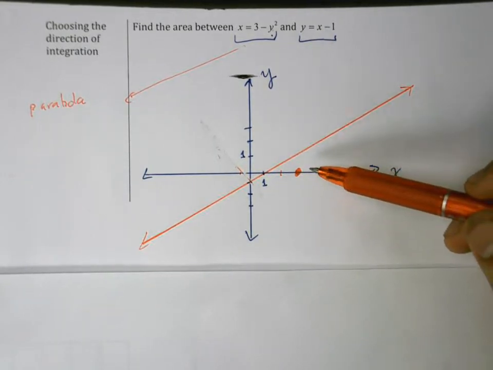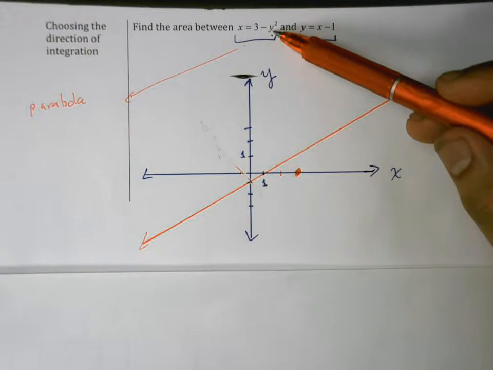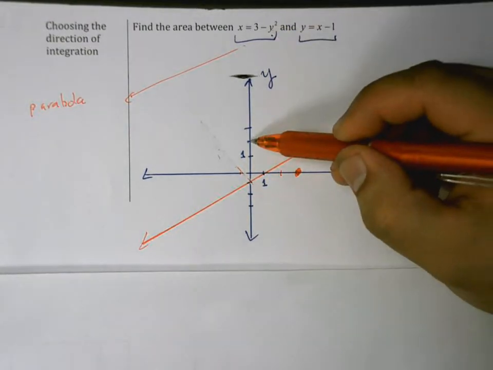Let's try some other points. When y is equal to 1, x is going to equal 2.